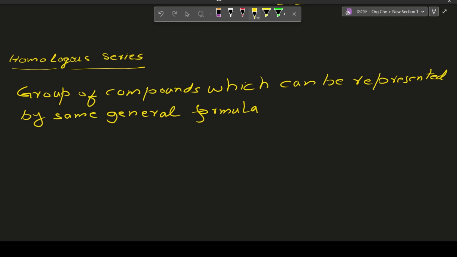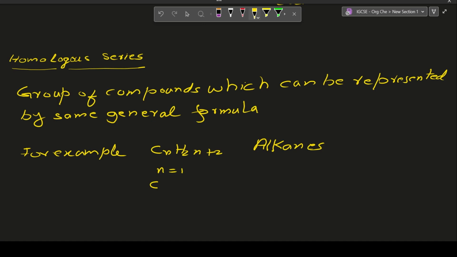For example, CnH2n+2 is the general formula of the homologous series called alkanes. So here, if you put n equal to 1, you will get C1H4, CH4.